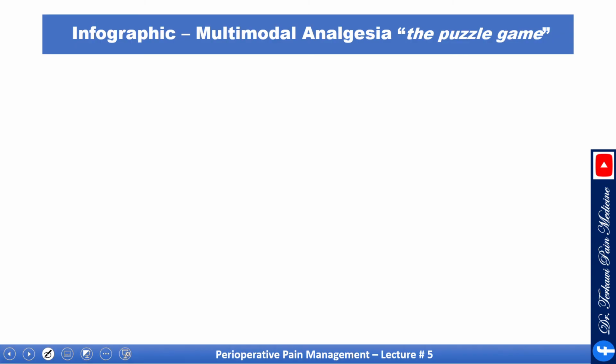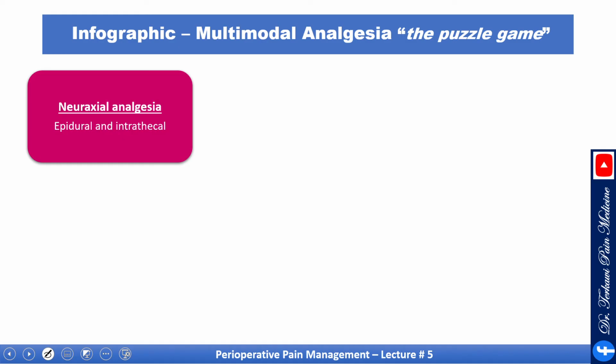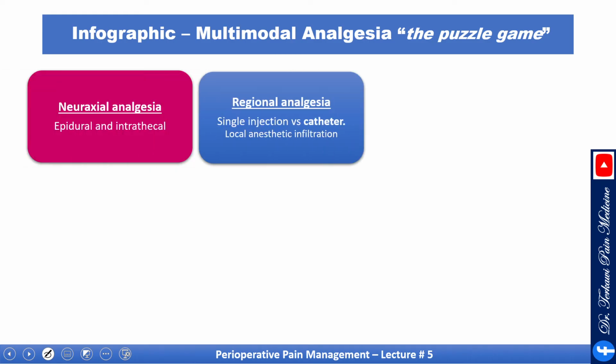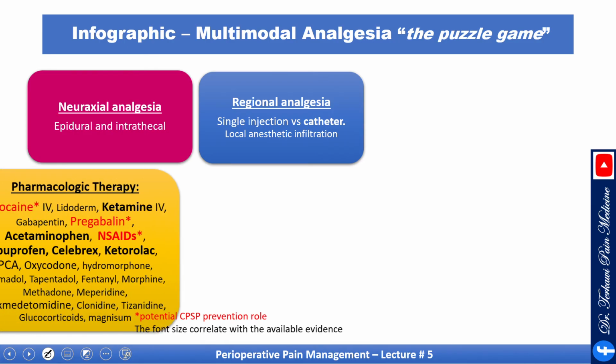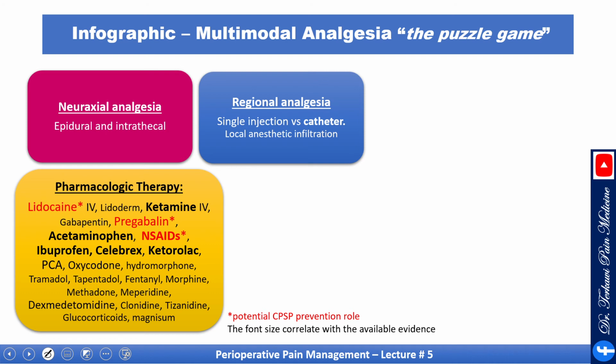So now the pieces of the puzzle will be your neuraxial analgesia, whether epidural or intrathecal morphine, regional analgesia, whether it's single shot or catheter. I added the local infiltration here, which is not necessarily a regional analgesia. And then your pharmacological therapy.